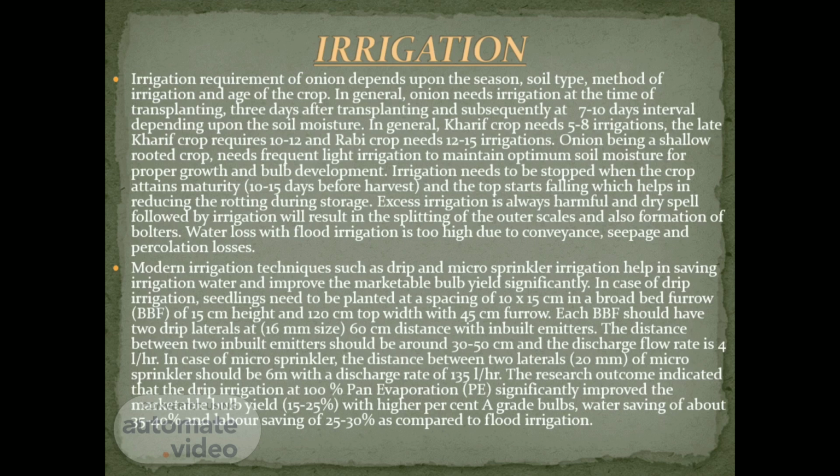The research outcome indicated that the drip irrigation at 100% pan evaporation significantly improved the marketable bulb yield with higher percent A-grade bulbs, water saving of about 35 to 40% and labor saving of 25 to 30% as compared to flood irrigation.